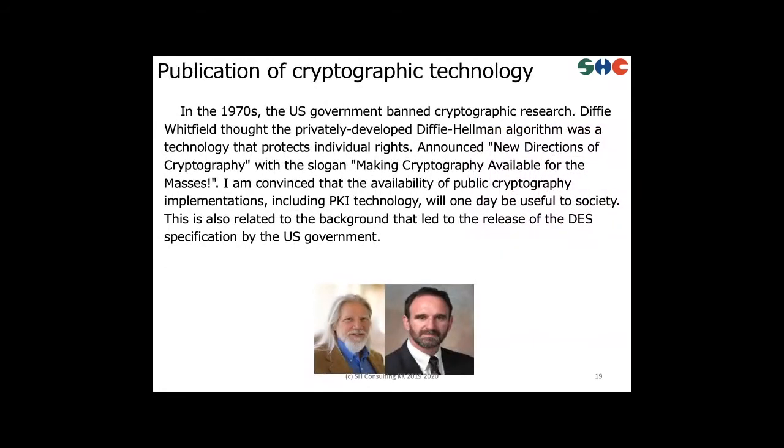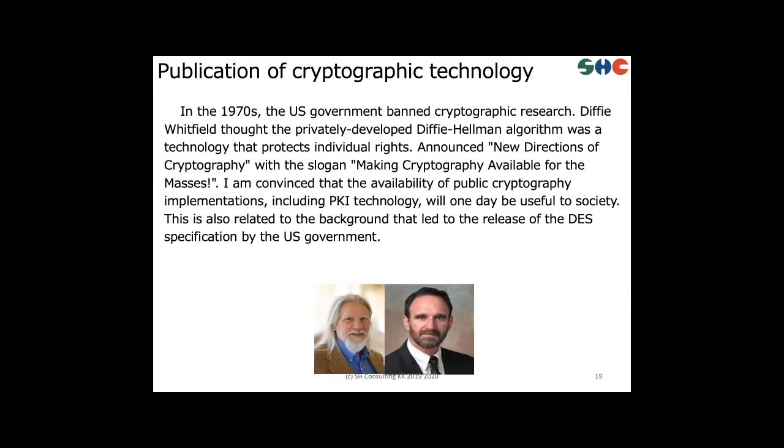And then in the 1970s, the US government used to ban cryptographic research. It would be illegal to do it in the States. But Diffie and Hellman thought that the privately developed Diffie-Hellman algorithm was a technology that protects individual rights.